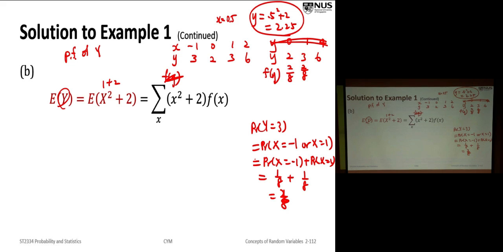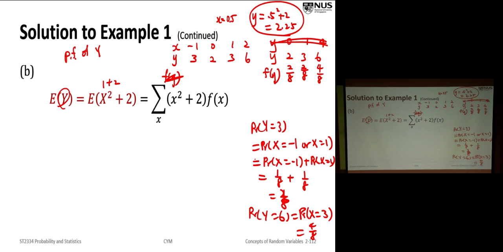So it's 2/8. All right? And finally, the last one, if you believe you don't make any mistakes, then this is 1 minus 2/8 minus 2/8, so it's 4/8. Or alternatively, the probability of y equals 6 is equivalent, that's why you need the equivalent event, to x equals 3, which is 4 over 8. All right?